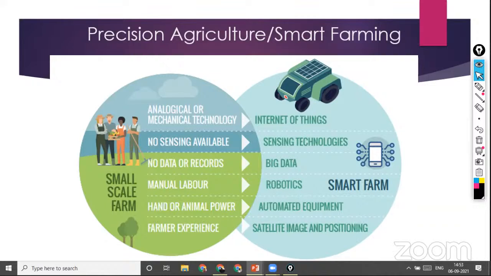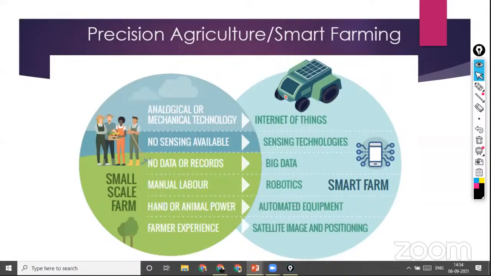Let's have a comparison now between a small scale farm and a smart farm. So precision agriculture, and nowadays we can generally call the entire thing smart farming. In the traditional way, we don't have any kind of Internet of Things setup, and we were using mechanical technology or some kind of analog devices.